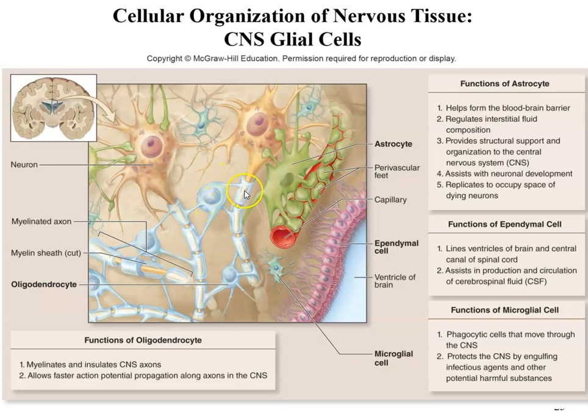What myelination does is allow for faster action potential propagation down these axons. Oligodendrocytes are the cells in the central nervous system that myelinate axons. Schwann cells are the cells in the peripheral nervous system that myelinate axons. Finally, you have a microglial cell. These are the phagocytic cells of the CNS. They protect the CNS by engulfing infectious agents and other potentially harmful substances.